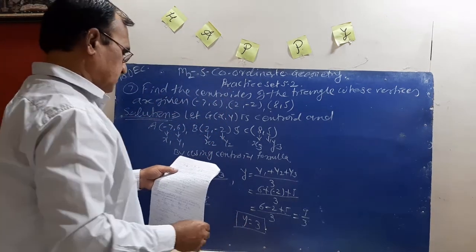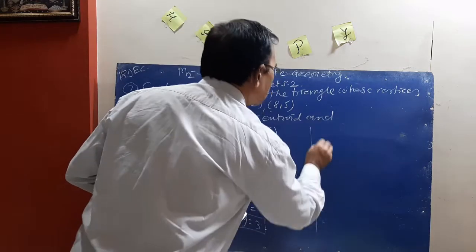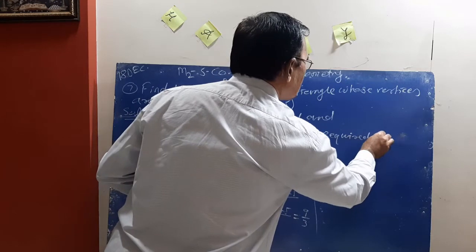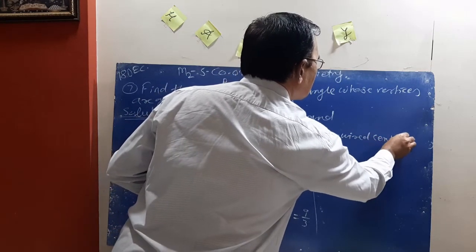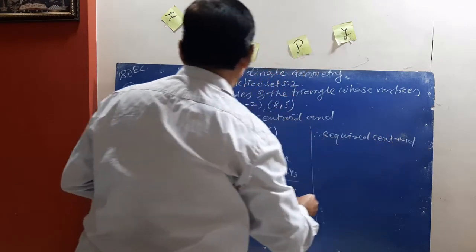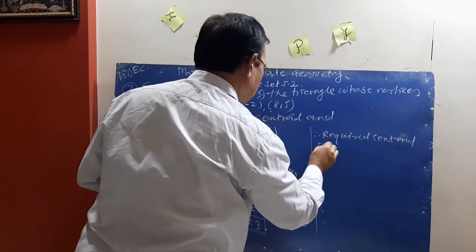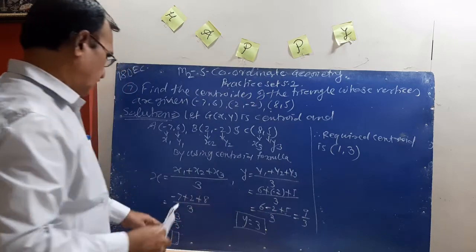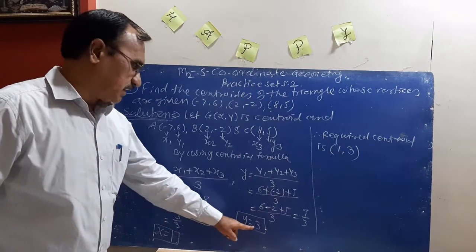And therefore the required centroid is (1, 3). X is equal to 1 and y is equal to 3.